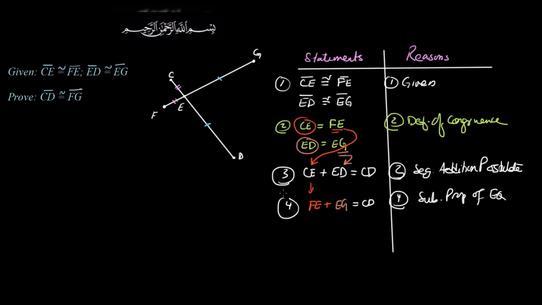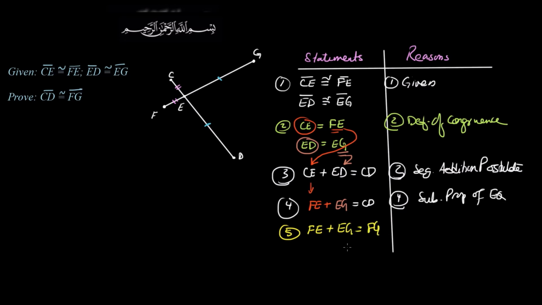Now you observe, FE plus EG, that's this plus this, correct? Isn't that like the two baby segments? But before we write that, what we have to say is this. We know that FE plus EG is equal to FG.